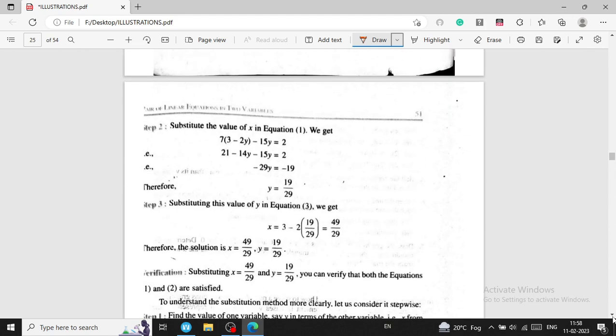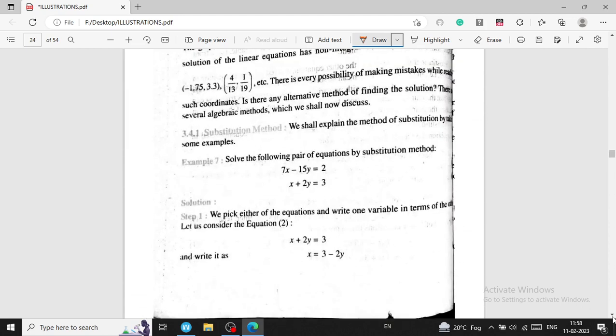And in the next question, the next method is the substitution method. In the substitution method, first of all you have to take one equation out of both equations, from which you can take the x value, and that x value will be substituted in the other equation, in terms of one variable.